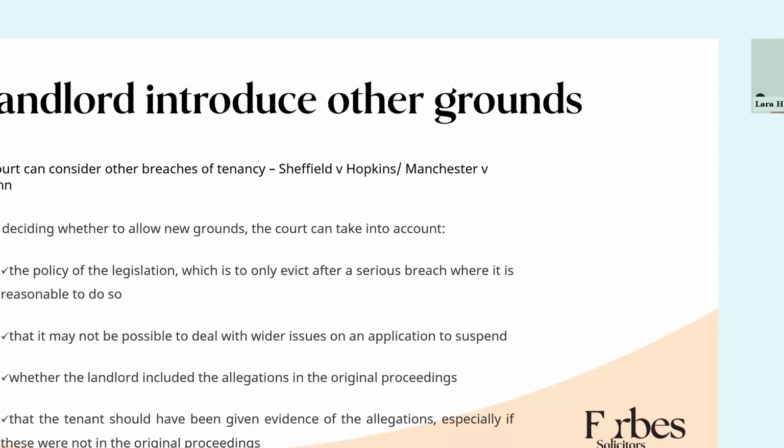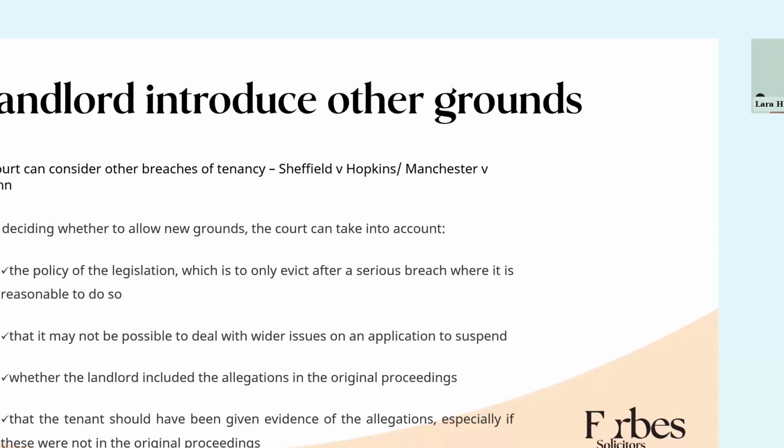And this can be used to your advantage as to why their application should be dismissed. This is in accordance with case law of Sheffield v Hopkins and Manchester v Finn, which you may have heard of. So that means you can add additional grounds. So, for example, grounds 12 and 14 to an order that is just based solely upon, say, grounds 10 and 11.